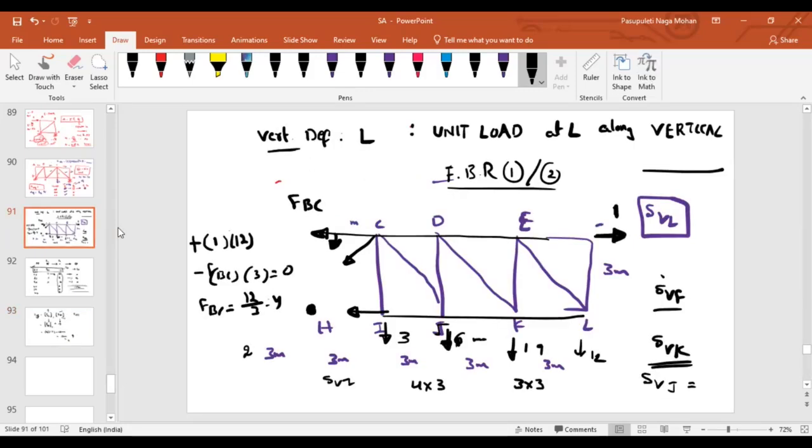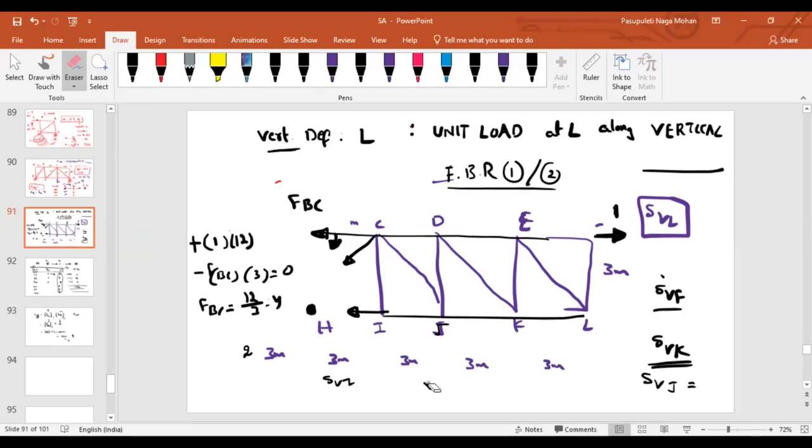Is the question clear or not? Once again, sir. The only thing is, whenever you want to find the deflection, apply the unit load and then find the force generated in the member.